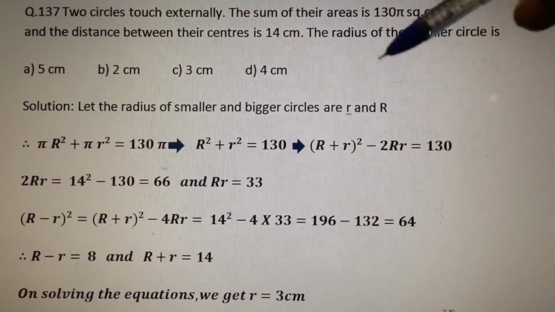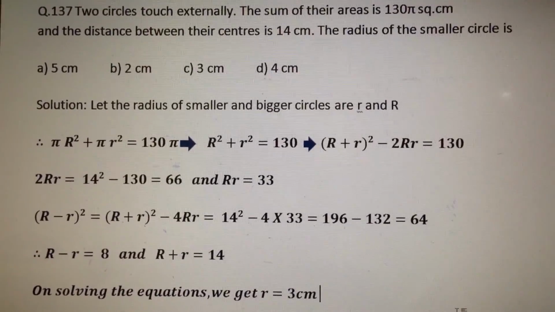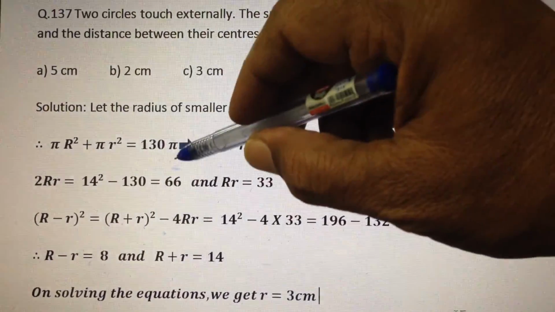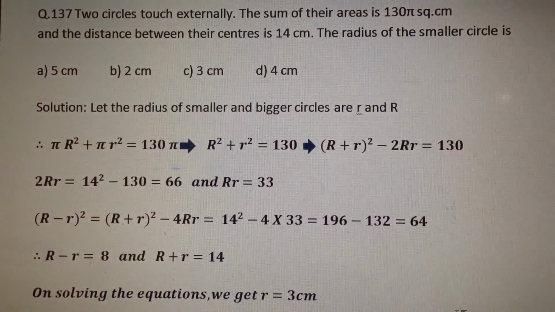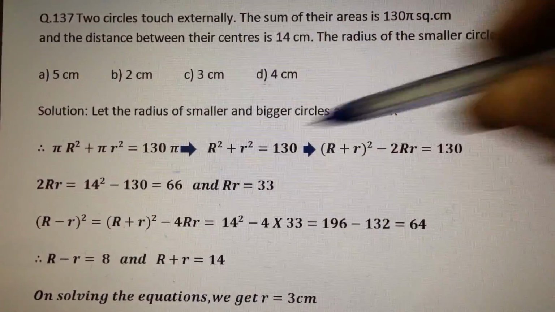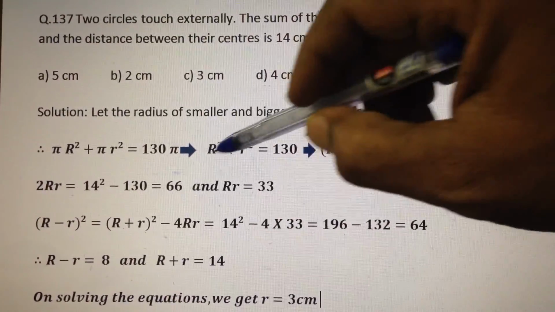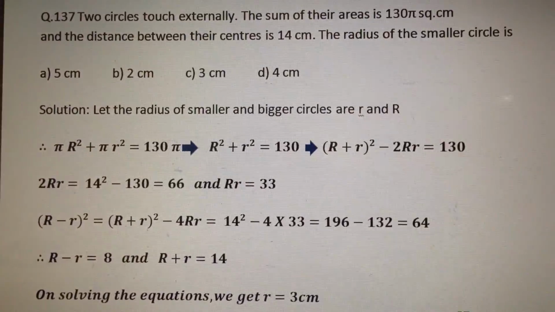The sum of the areas is given as 130 pi square centimeters. Therefore, pi r square plus pi R square is equal to 130 pi, and r square plus R square is equal to 130. This can be written as r plus R whole square minus 2rR.